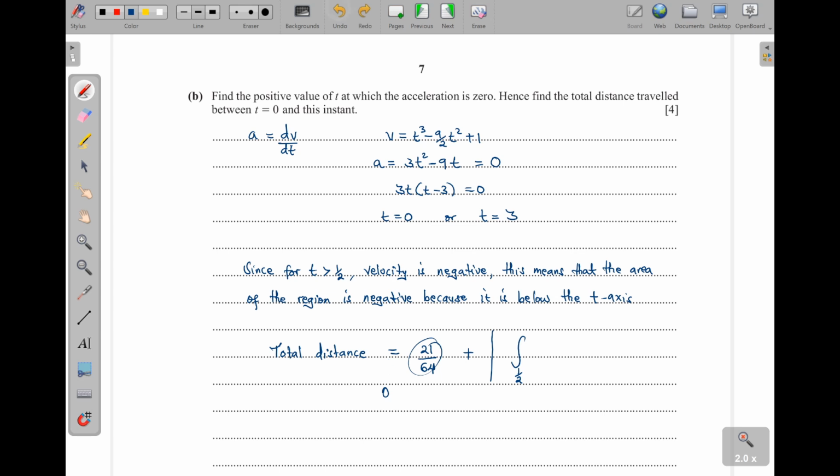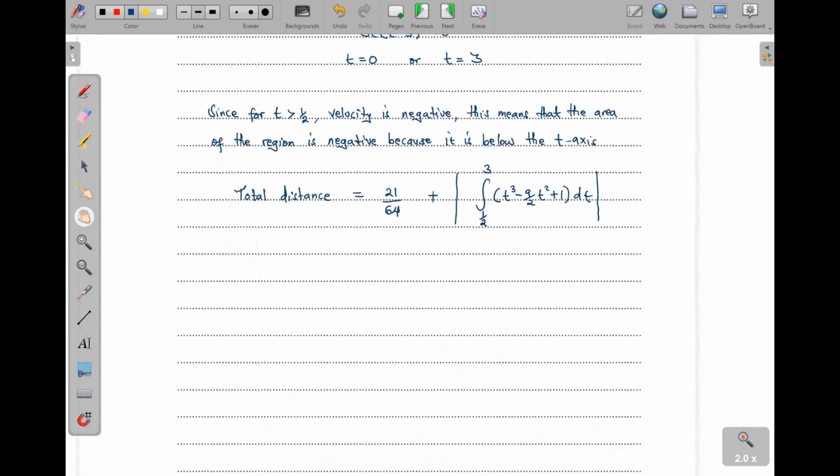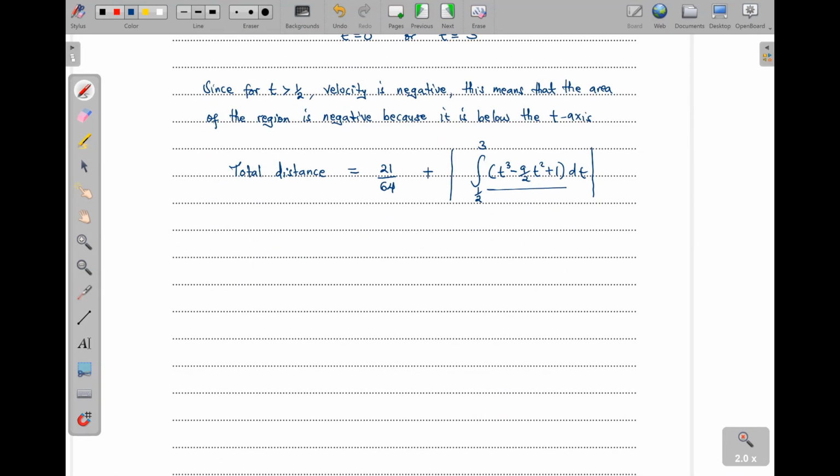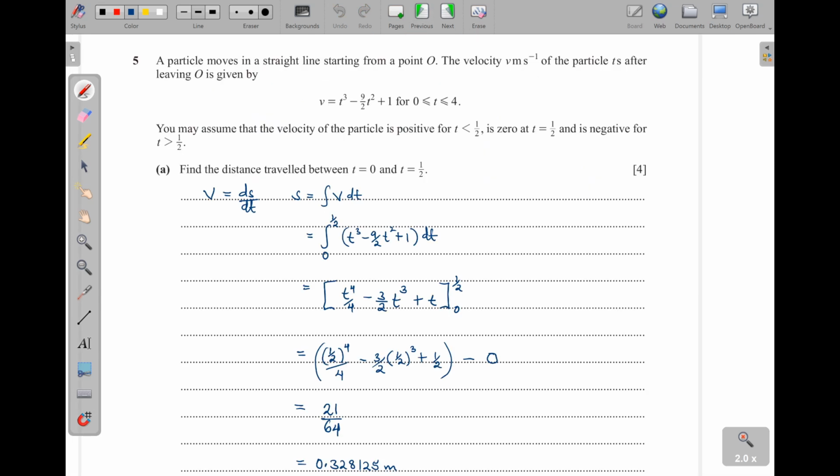Now from a half to 3, we integrate t cubed minus 9 over 2 t squared plus 1 dt. Do you remember that we integrated this one long time ago? So I'll just pick it from here. It is t power 4 over 4 minus 3 over 2 t cubed, then plus t.